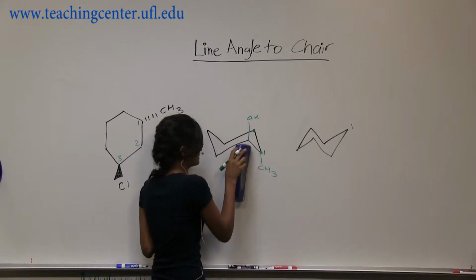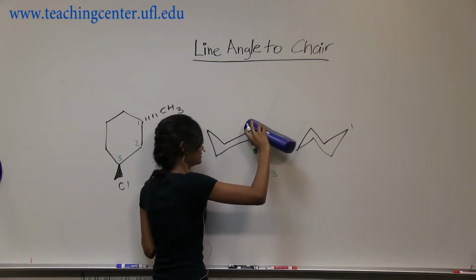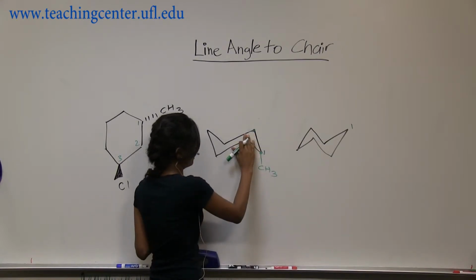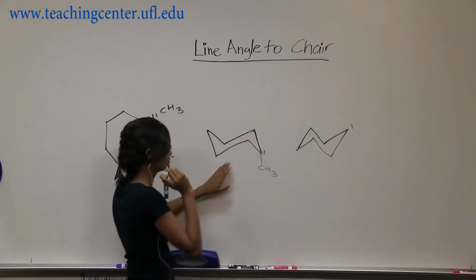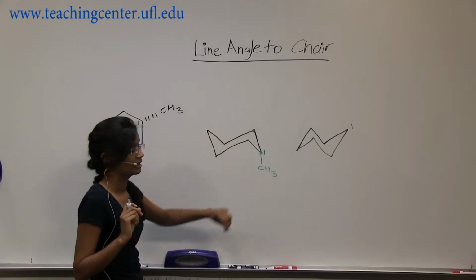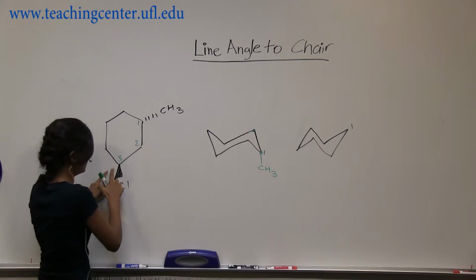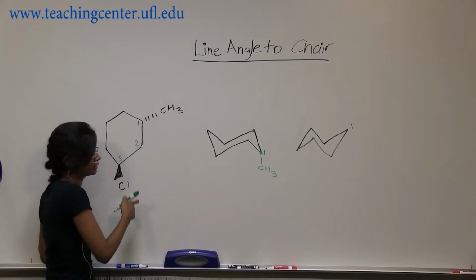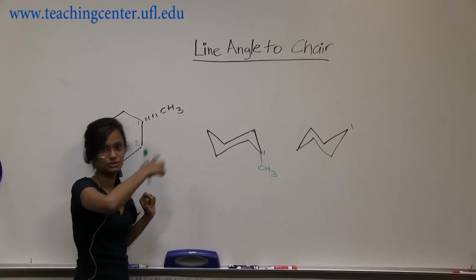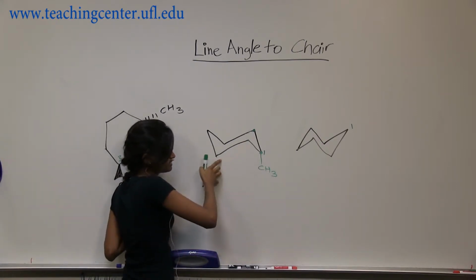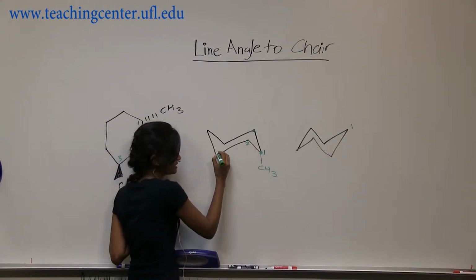I'm going to erase this so you can see it better. Okay, so we have methyl on a down position right now. Now, carbon number 3 is where the Cl is. It's clockwise to methyl, so you have to go clockwise on the chair as well.